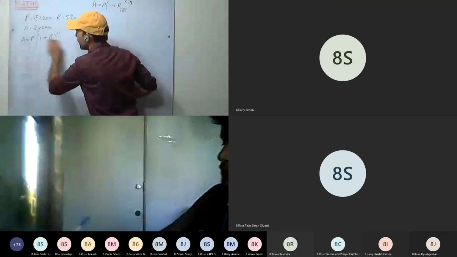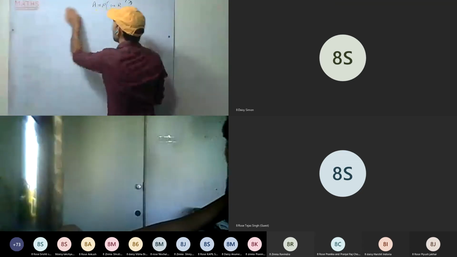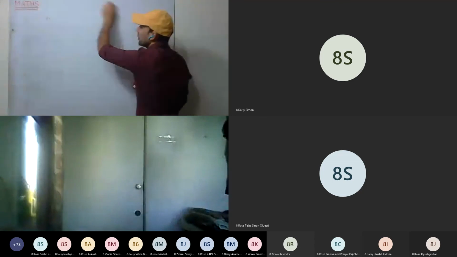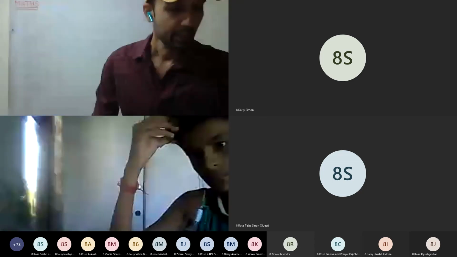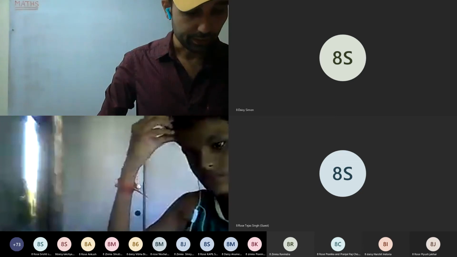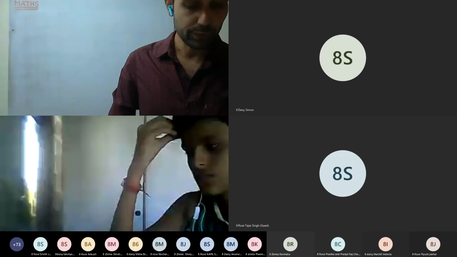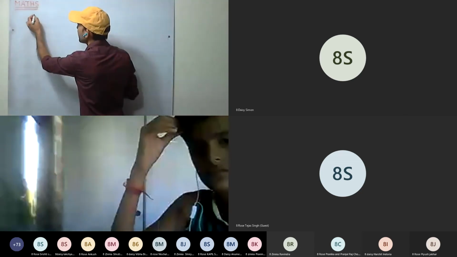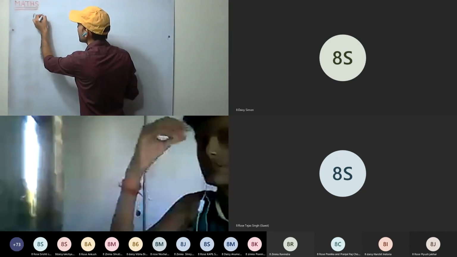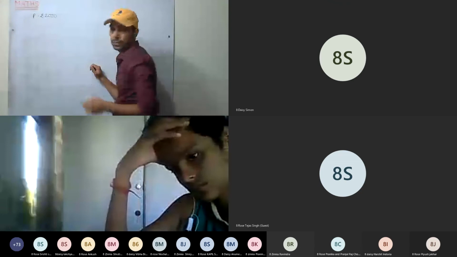Second question. This exercise is very, very easy. Calculate the amount and compound interest when 2000 is lent for 2 years at the rate of 10% per annum. The money lent is the principal, equal to rupees 2000.